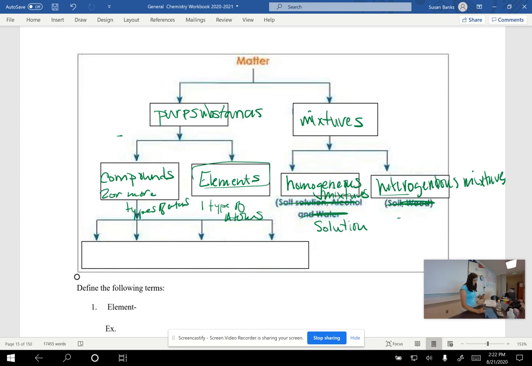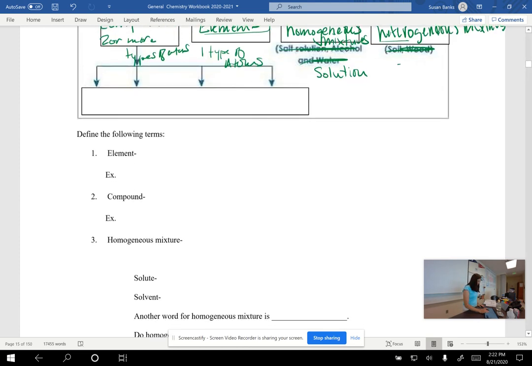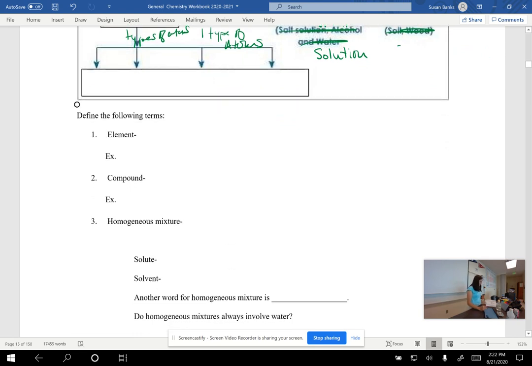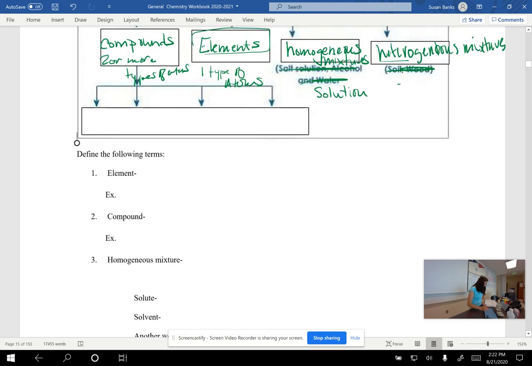Okay? So let's define the following terms. An element. Elements are made out of one type of atom. For example, the oxygen that we breathe. It has two oxygen atoms together, but it's only oxygen, so it's made out of just one type of atom.